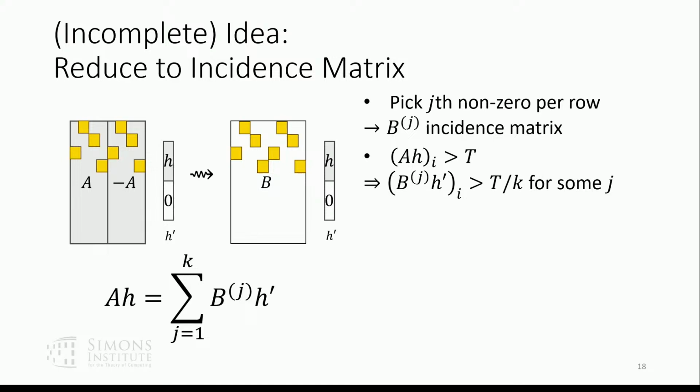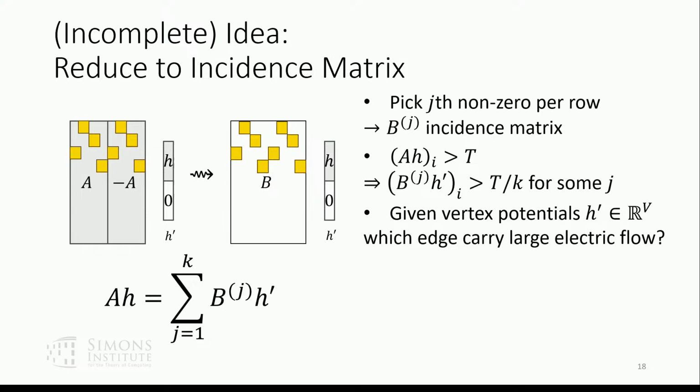So I can restrict myself to incidence matrices, and that is really just a graph problem. What I'm saying here is, I have potentials on the vertices, and then I'm asking which edges carry large electric flow when I'm looking at the graph that is represented by these weighted incidence matrices. So it's really just a graph problem that I'm looking at here. I can, at this point, ignore all of the algebra.